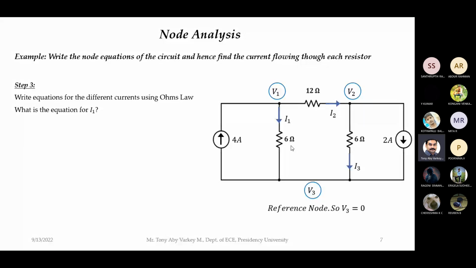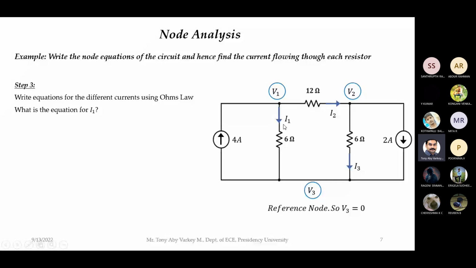Correct. Now I1 I have marked in this direction, which means that I am assuming that voltage at this point is more than voltage at this point. Then what is the voltage difference across the resistor? Voltage at this end is V1.